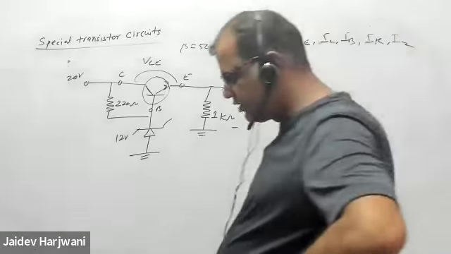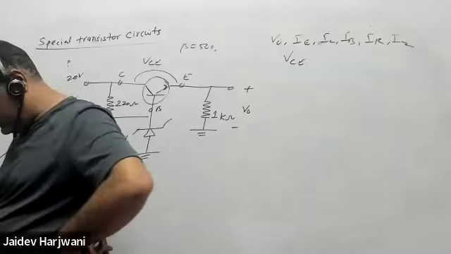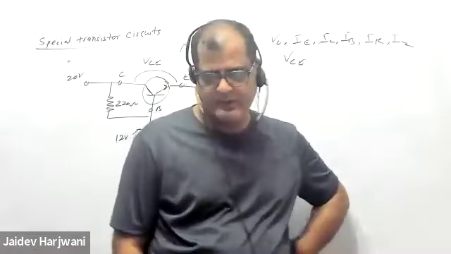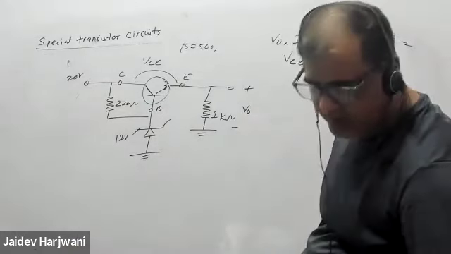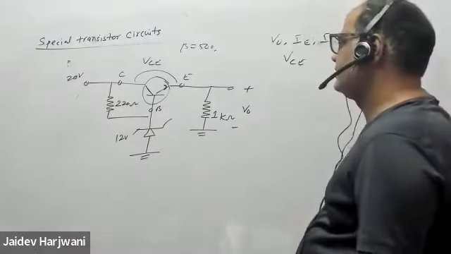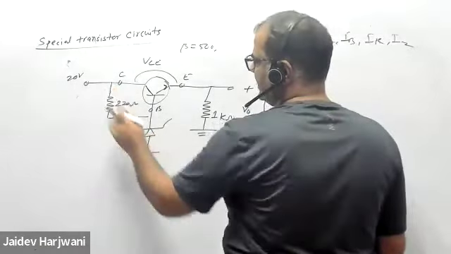Is the Zener on or off? Find the open circuit voltage. So first remove this one and solve how much IB is coming.